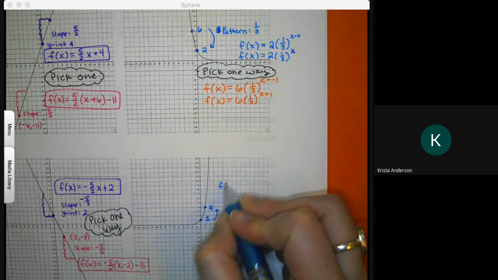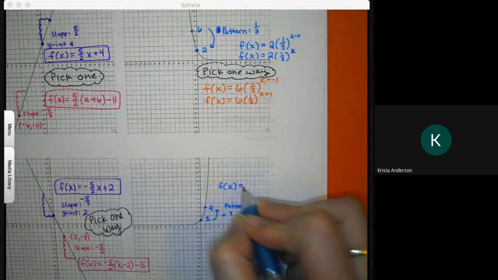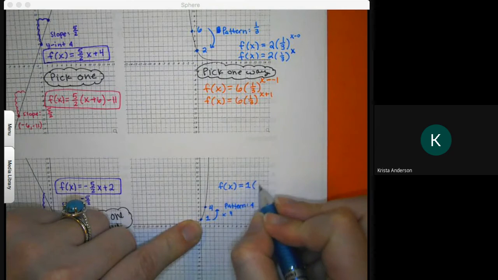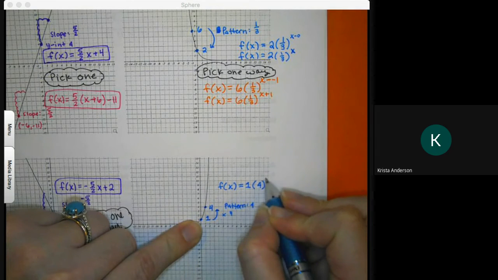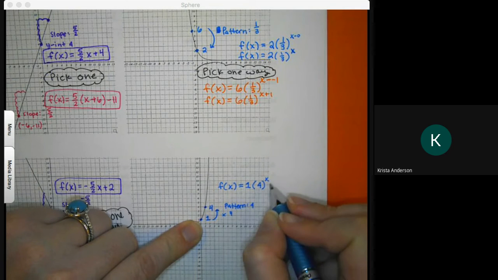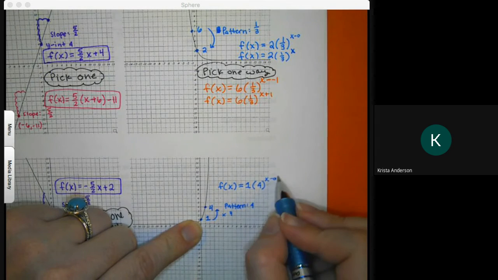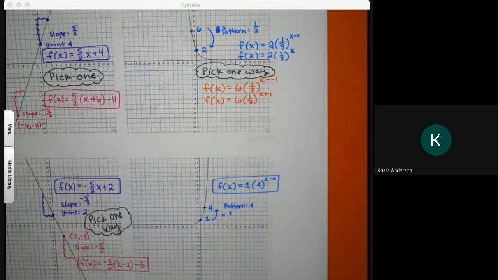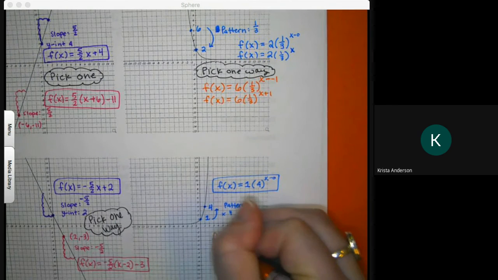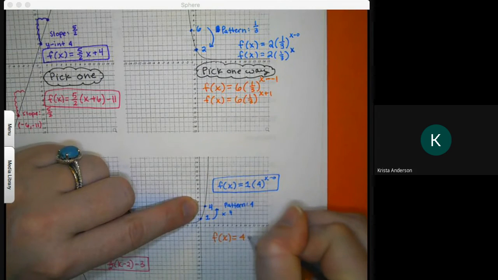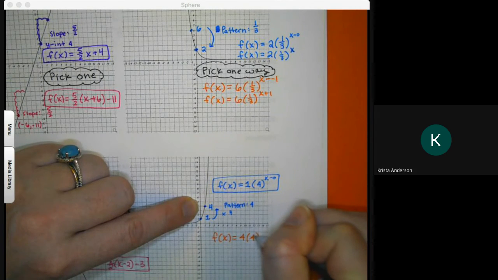So f of x equals, if I pick 1, the intercept, I would times it by 4 and then put just an x. Or x minus 0. Let me pick. If you were like, oh, I'm going to use the 4, f of x equals 4 times 4 for my pattern.